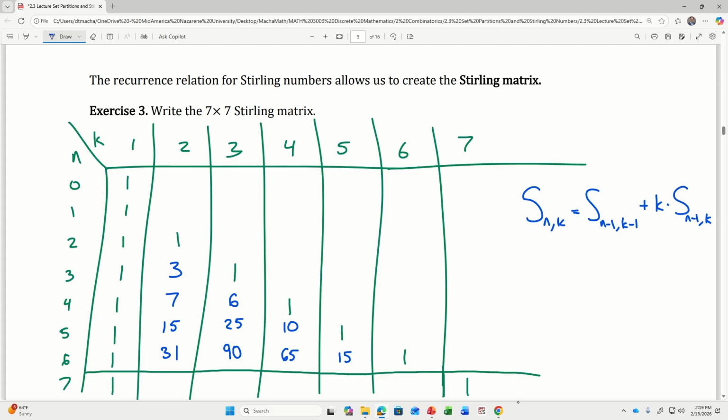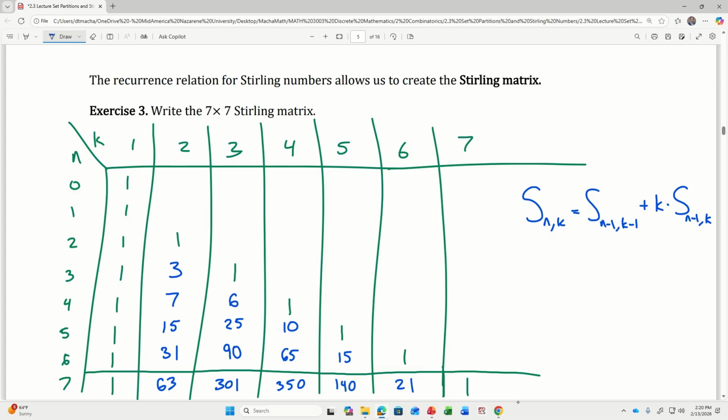Below the 31, below the 90, below the 65, below the 15, you're just getting over it too quick, because it's 65 plus 5 times 15. So it's 65 plus 75, which is 60 plus 80, which is 140. And then 15 plus 6 times 1 is 21.